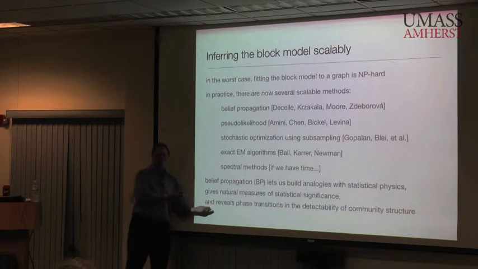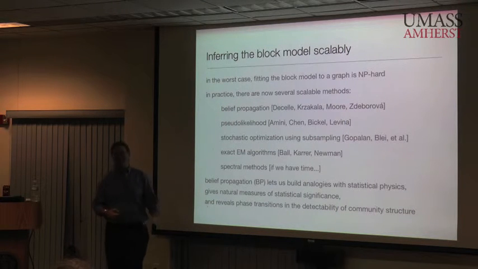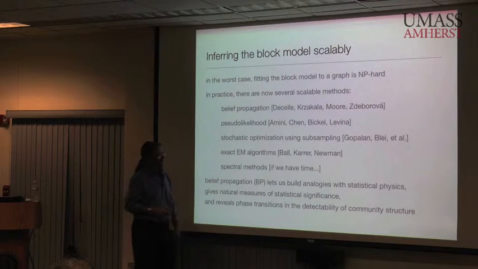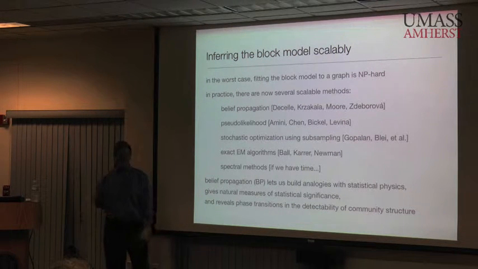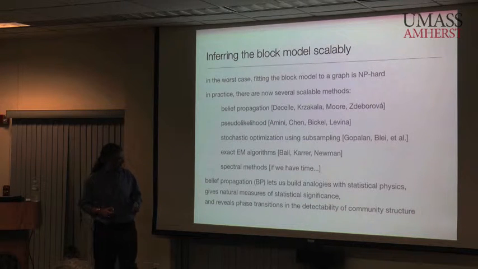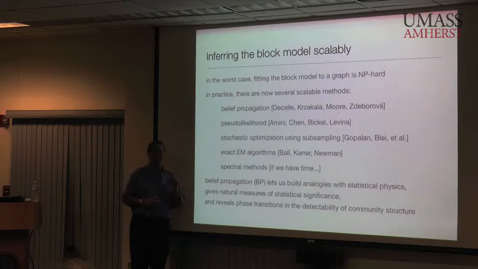But I really like belief propagation, not just because that was the one I was involved in, but also because it will build this analogy with physics, always a good thing to do. It will also give us natural measures of whether what we've found is statistically significant, whether it's really there. And it will reveal phase transitions in when we can find it.